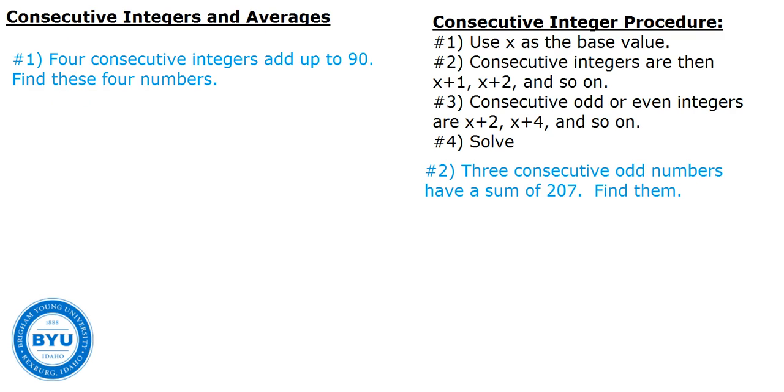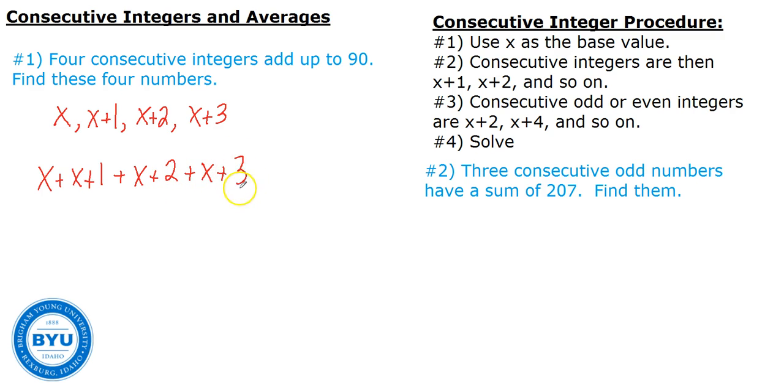We need to call our first number x, and we need to add up 4 of the numbers, and they're going to be right after one another. So if the first number is x, the next one is x plus 1, the next one after that is x plus 2, and the next one after that is x plus 3. When we add all of these together, the problem tells us that it adds up to 90. So now let's solve.